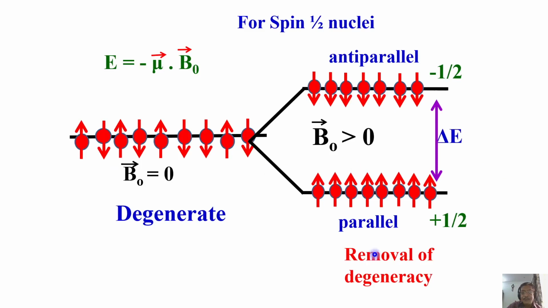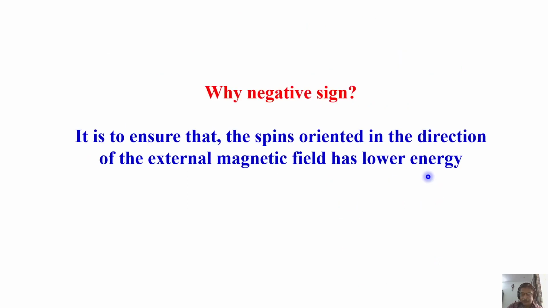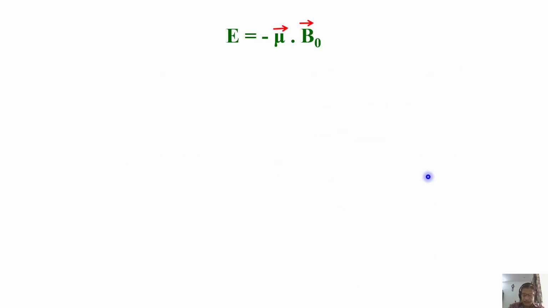Those spins oriented parallel to the magnetic field have lower energy compared to this one. The higher energy state is the one where the spins orient anti-parallel to the magnetic field. Lower energy is the one where the spins orient parallel to the field. To bring in this concept, the negative sign was put in this equation. You understand?